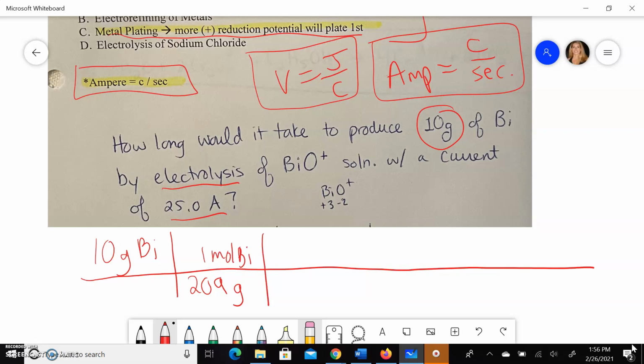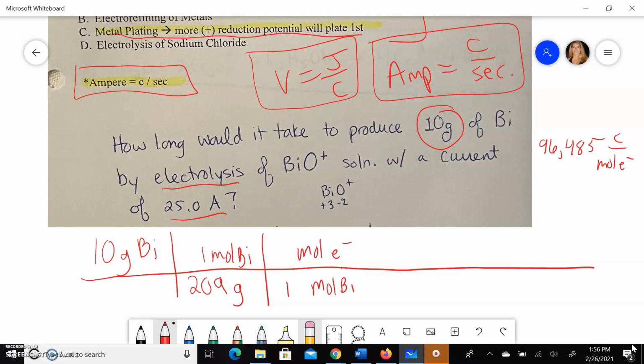And eventually we need to get to amps, and amps has coulombs, and another relationship with coulombs is Faraday's constant. Just as a reminder, Faraday's constant is 96,485 coulombs per mole of electrons. We can't really get to coulombs yet because we don't have moles of electrons. Right now on our fence we have moles of bismuth. So the next thing we want to do is convert from moles of Bi to moles of electrons.